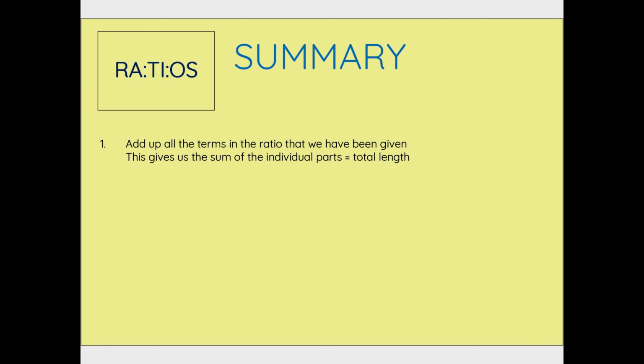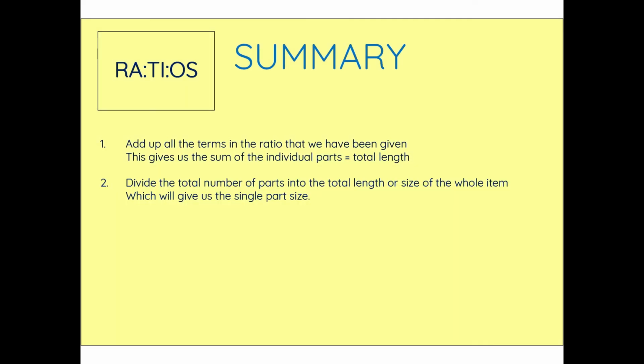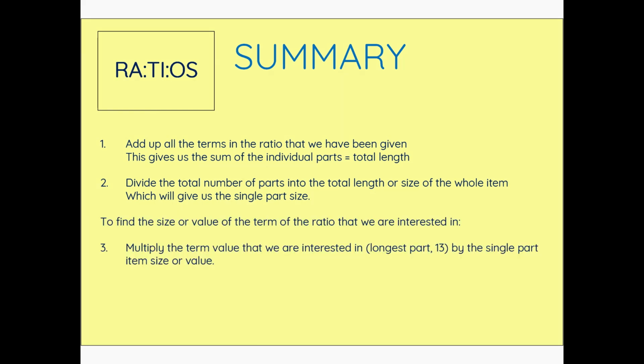The second thing to do is to divide the total number of parts into the total length of the whole item, and this will then give us the single part size.